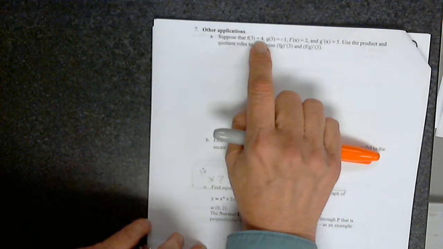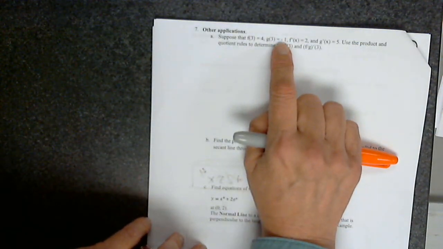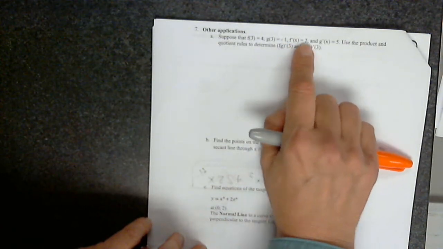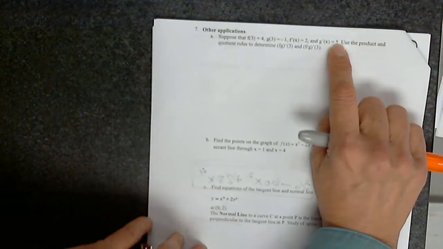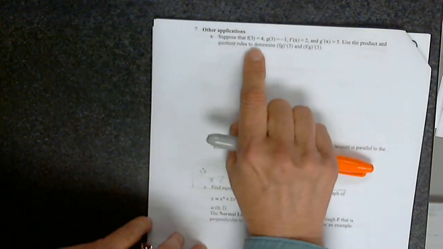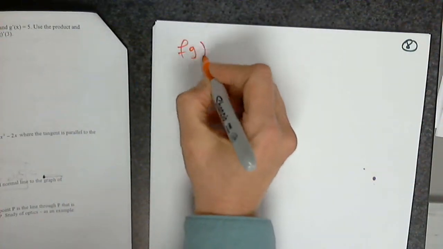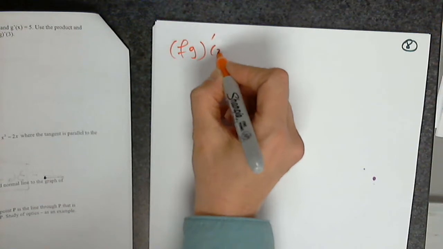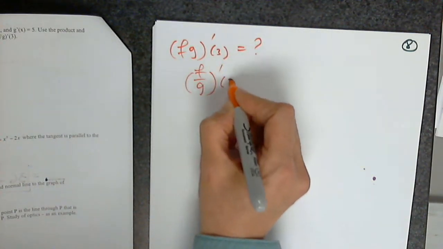Suppose that f of 3 is 4, g of 3 is -1, f prime of x is 2, g prime of x is 5. Use the product and quotient rules to determine fg prime at 3 and f over g prime at 3.